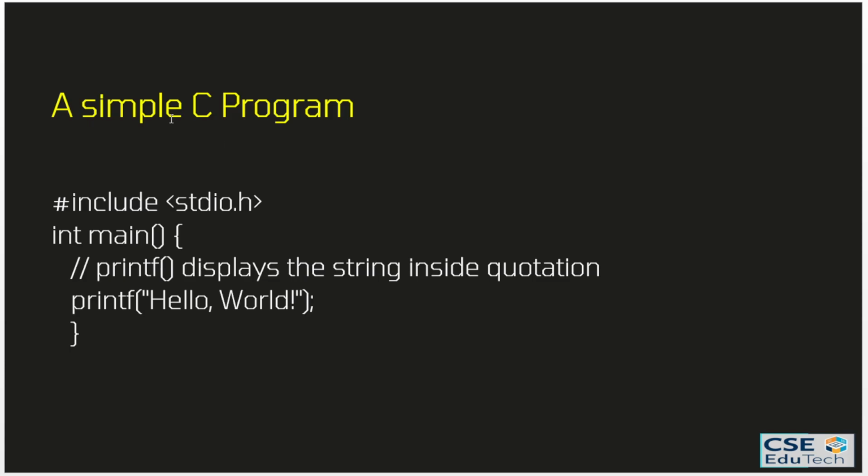Now, first we start with a simple C program, and here I have written a simple C program. Here we have #include <stdio.h>. It is basically known as a preprocessor directive. What is the meaning of preprocessor directives?